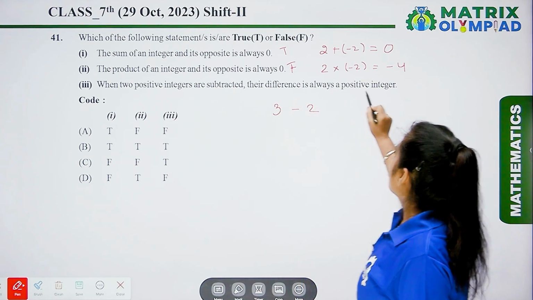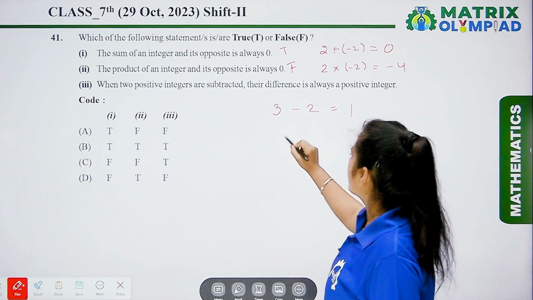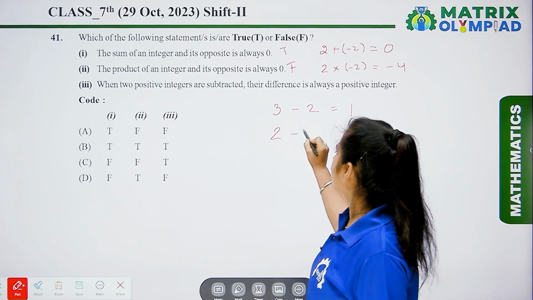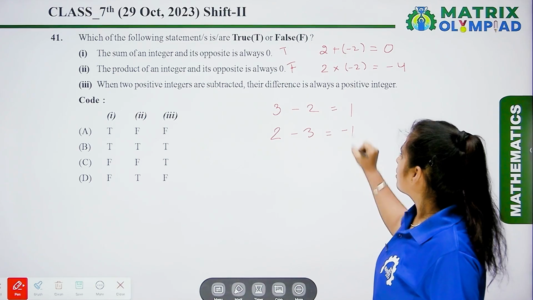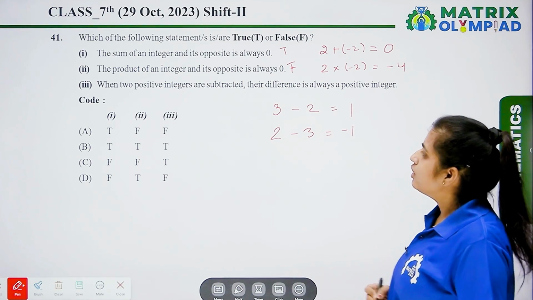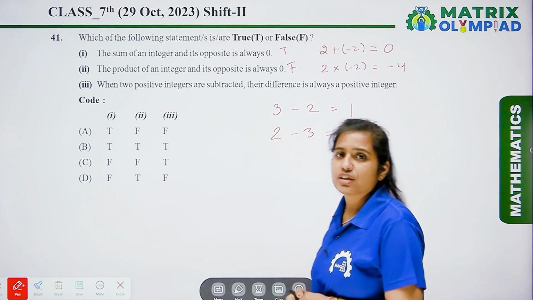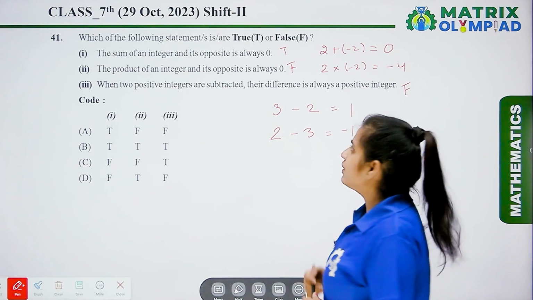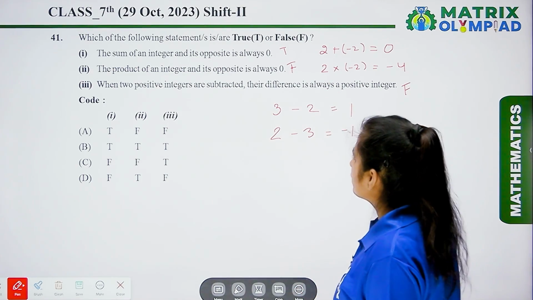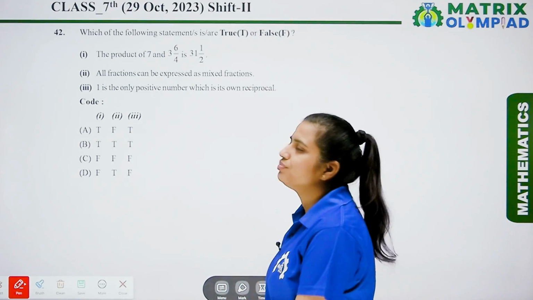Their difference is always a positive integer. So here the difference is 1, and if we subtract 3 from 2, then we get the answer minus 1. So here it is not always correct. So the answer is false. So the correct sequence is true, false, false. Here option A is the correct answer.